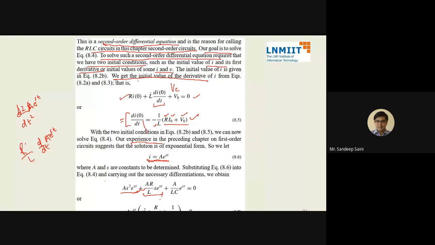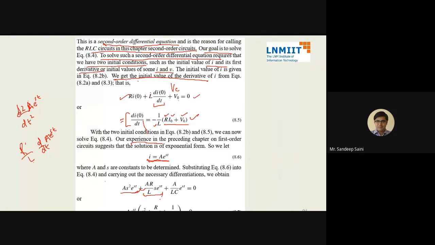We will calculate what is the value of s and what is the value of A. It could be e raised to power 5t, e raised to power minus 2t, something. Because when the source is not there, the current will exponentially increase or decrease. Voltages at some points will exponentially increase or decrease. We are assuming this exponential function, e raised to power st, and it will have some constant A.